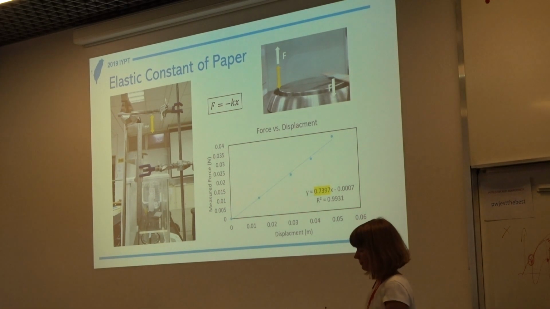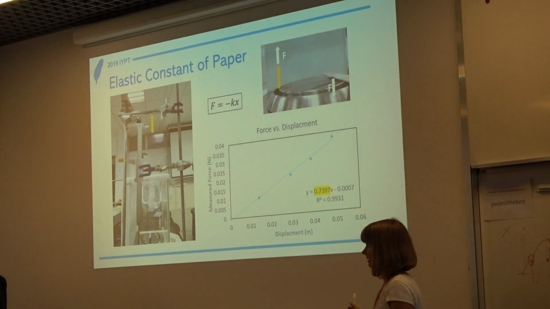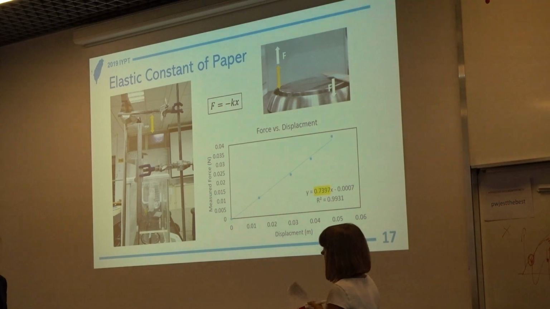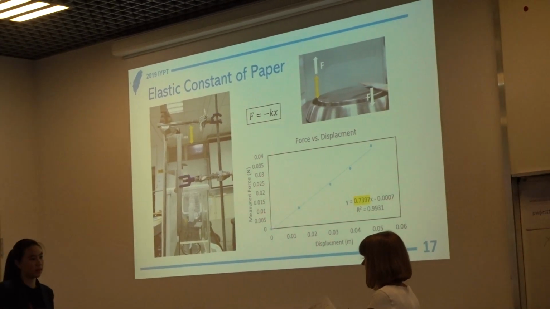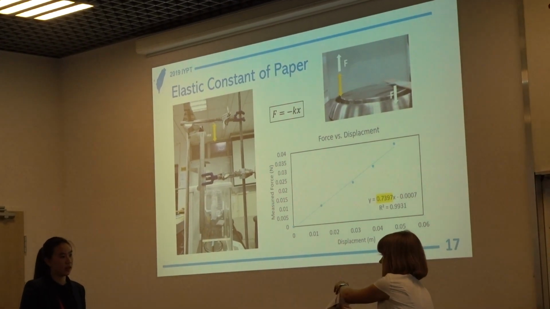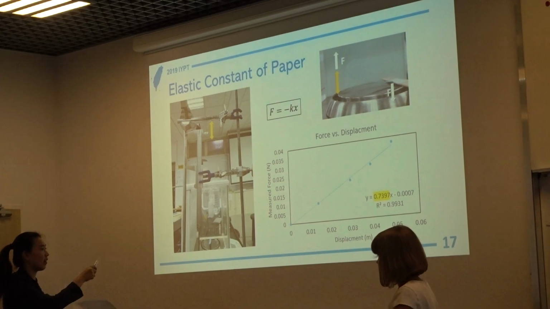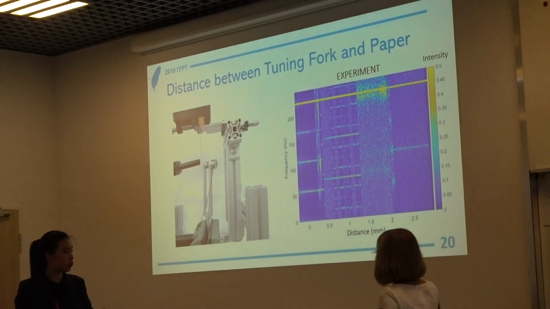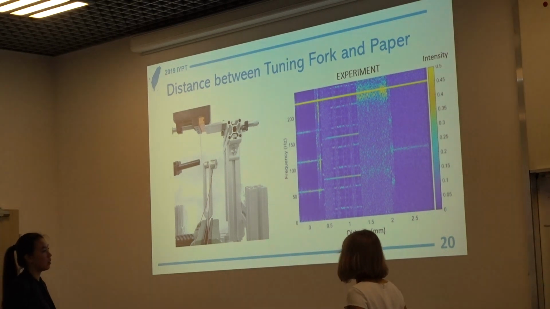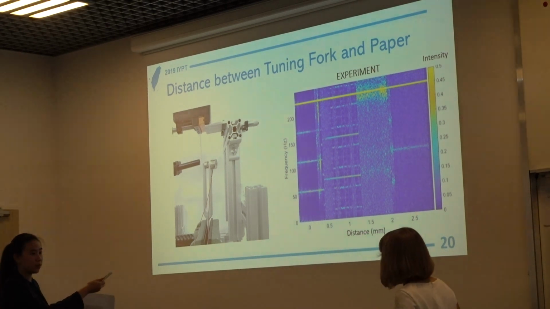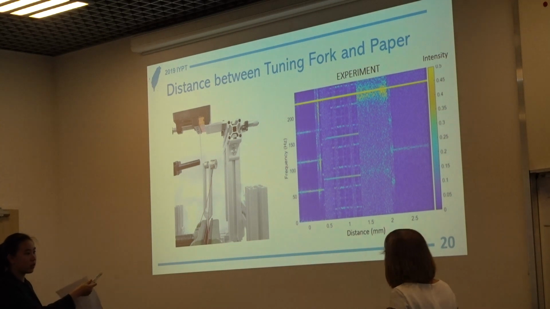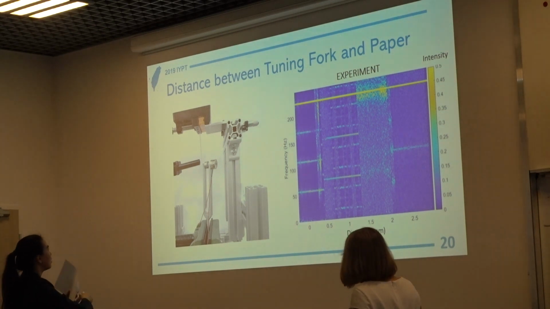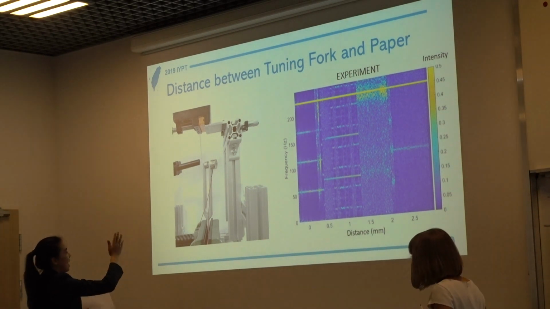What would happen when we increase the contact force between oscillator and paper, when you press the tuning fork really against it? That is what we did in our experiment, changing the distance. But then I think you were out of this range. Did I go out of this range? This is the position at 0 millimeters.